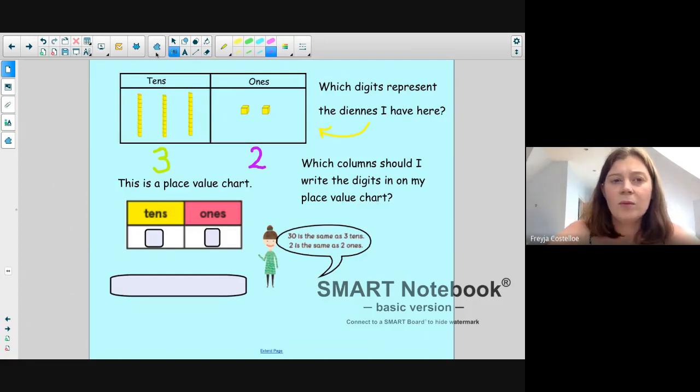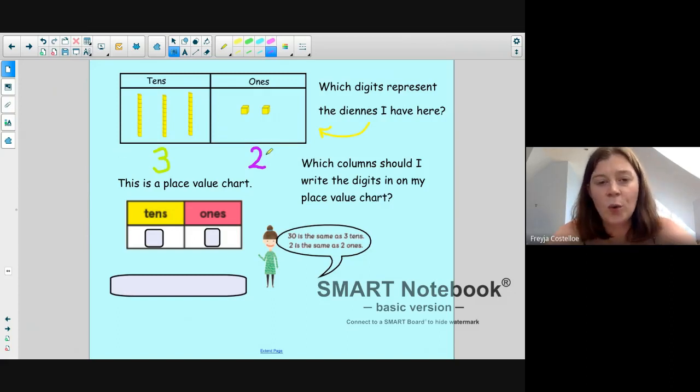So now we're going to look at this chart here. This is a place value chart. And I want to know where I need to write my digits, okay? My 3 and my 2 on this place value chart.